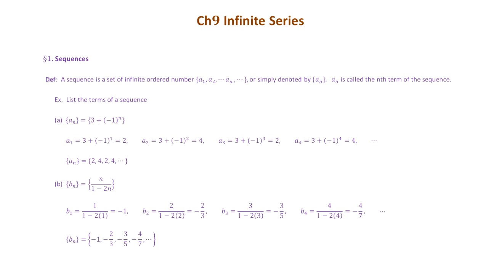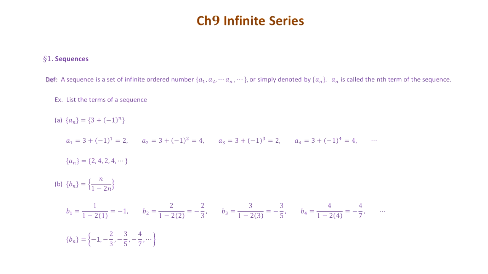The second number in this sequence is a2, which is 3 plus (-1) squared if you plug 2 in for n. You get positive 1 this time to add to 3, so you get 4. The next number, a3, is 3 plus (-1) to the 3, and (-1) to the 3 is just -1, so you get 3 minus 1, which is 2.